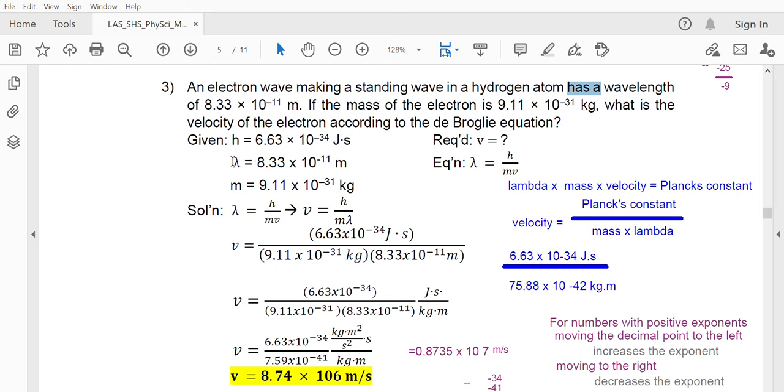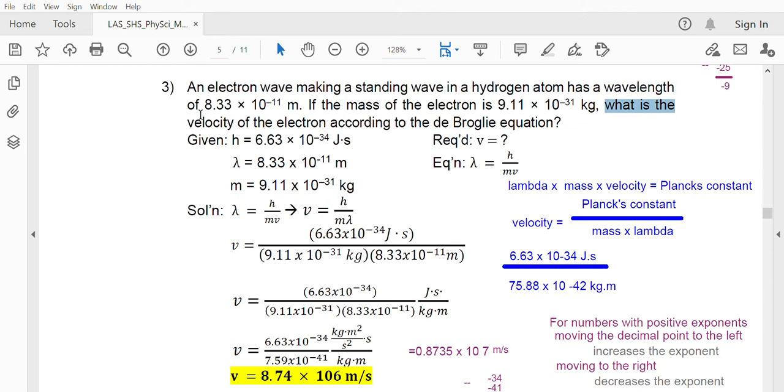So wavelength has a symbol of lambda. And then the mass of the electron is this. So we write the mass here, which is equal to 9.11 times 10 to the negative 31 kilograms. What is the required? So it says here, what is the velocity?